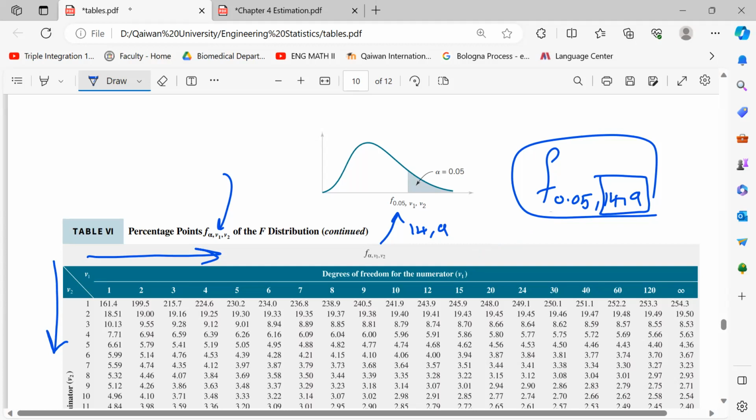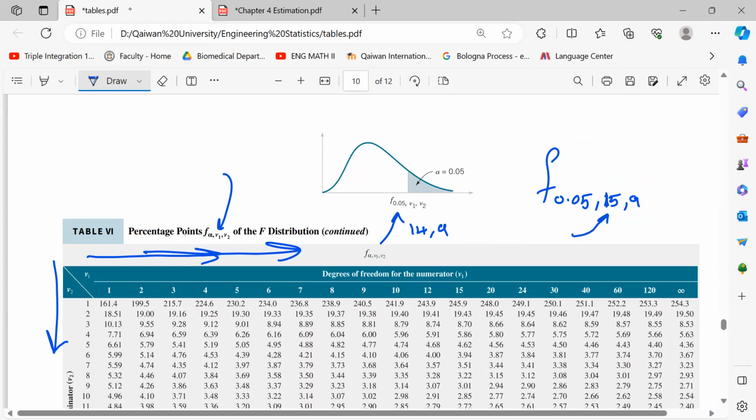Let's change this to 15, because we have 15 and let's say 9. In this direction, we look for the first component, which is 15. That's this column.